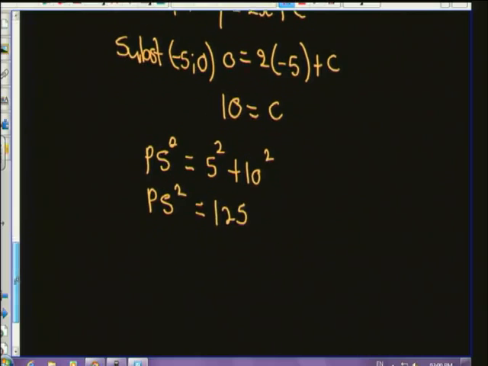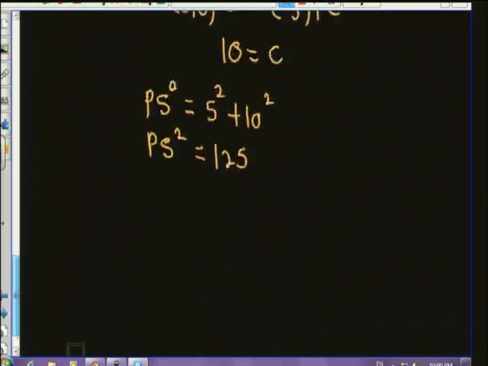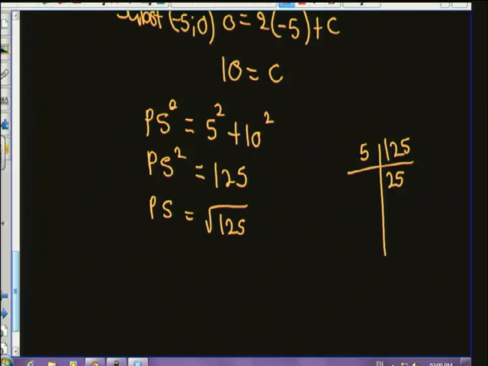The calculators we use today can give that to us easily, but if you don't have a calculator, then you can just prime factorize 125, because then PS will be equal to the square root of 125. So you can do a little ladder here. Divide that by 5, you'll get 25. Divide that by 5, you'll get 5. Divide that by 5, you'll get 1.